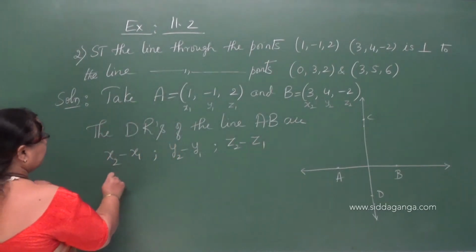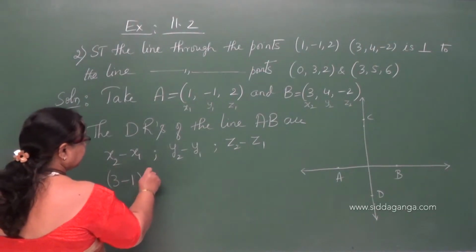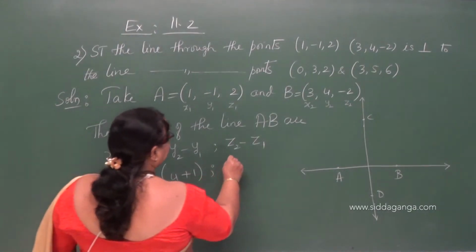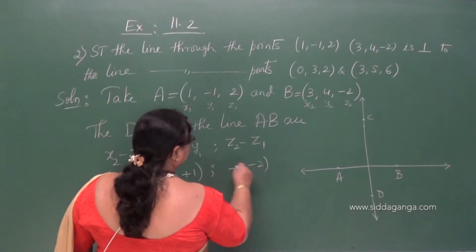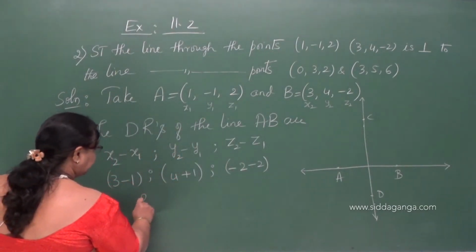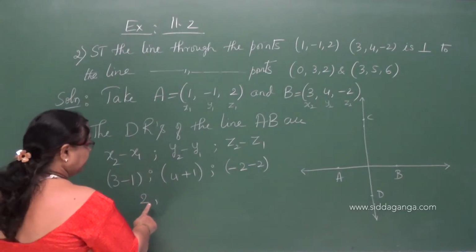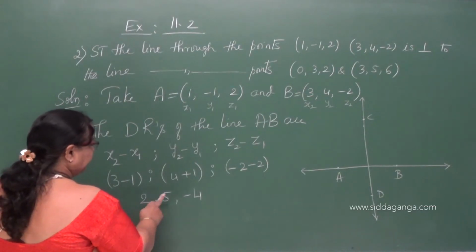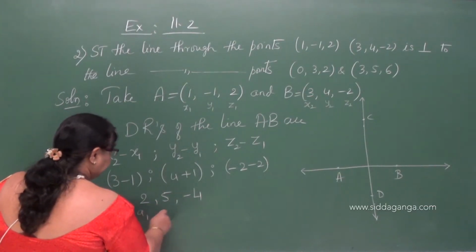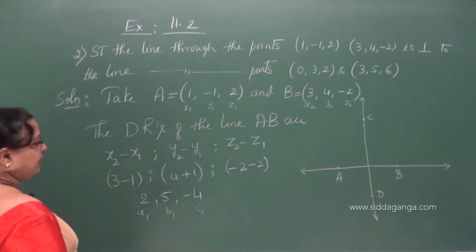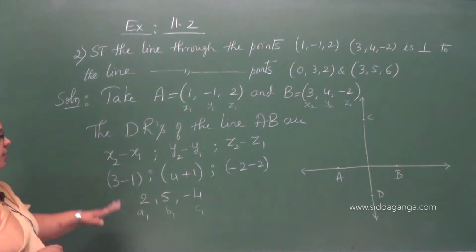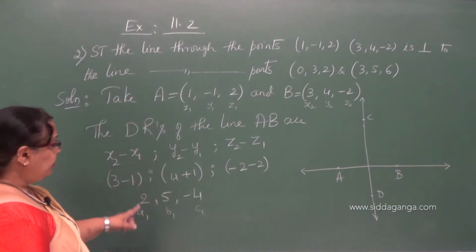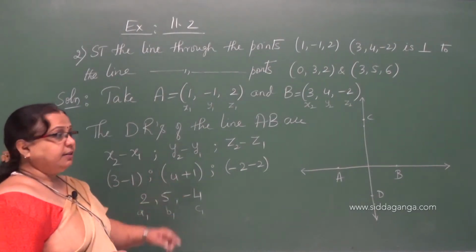Now x2 is 3 minus 1, next y2 is 4 minus into minus plus 1, comma, z2 is -2 minus 2. So the direction ratios of the line AB are 2, 5, -4. These represent A1, B1, C1.